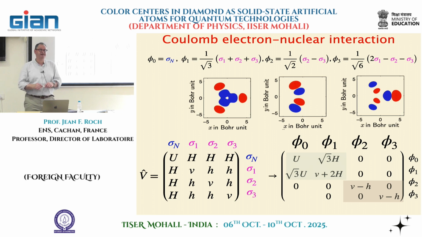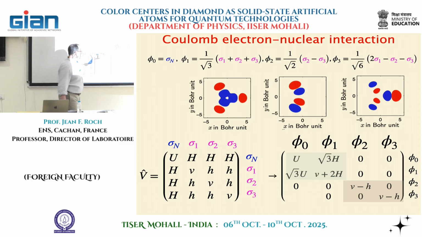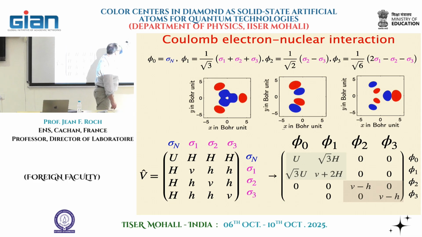And now this Coulomb interaction will have a simpler form. You see this was my initial 4x4 matrix. It was rather complicated. And at the end, it's much simpler. I have something which is restricted to this and this, and another subspace, a 2x2 matrix, which is restricted to those states.